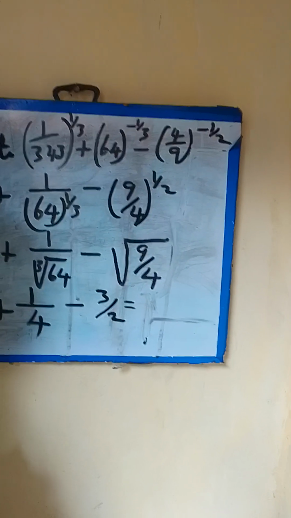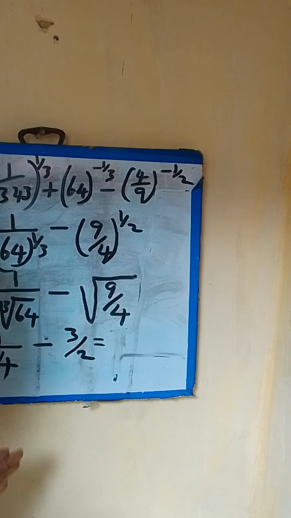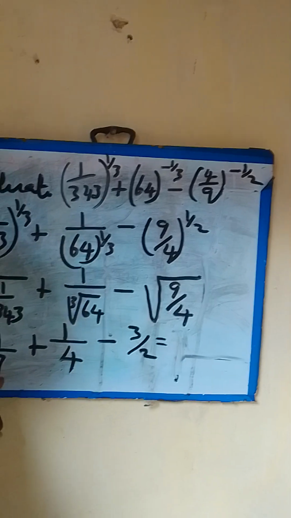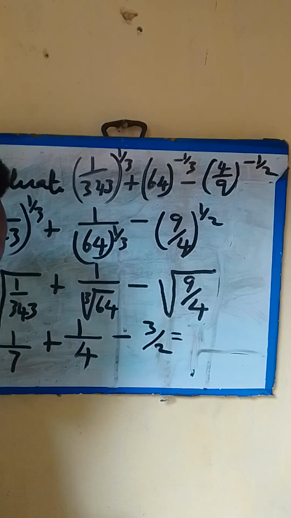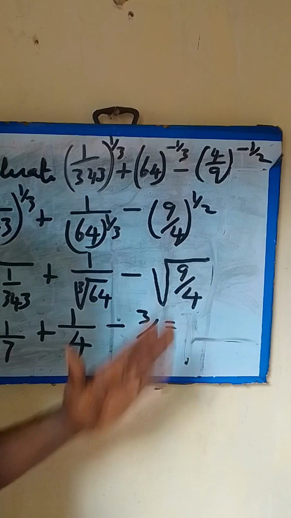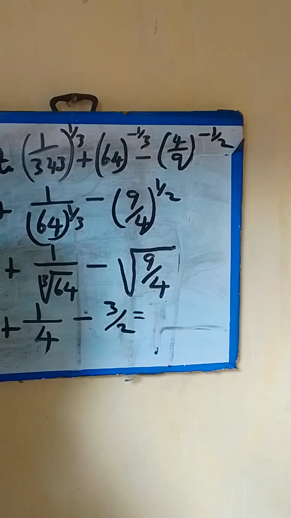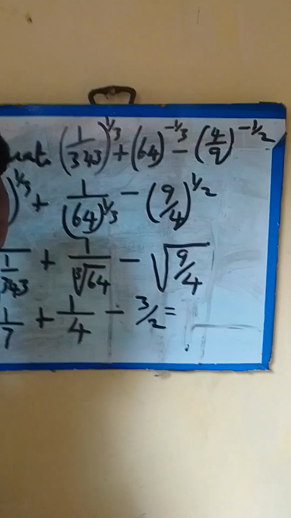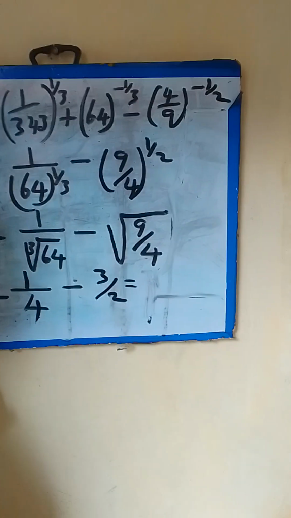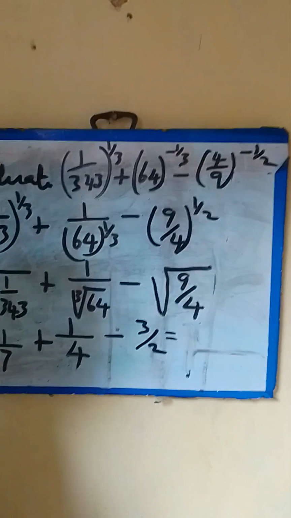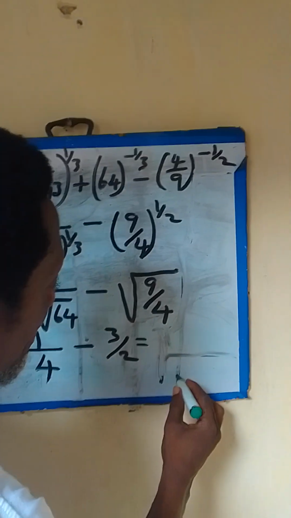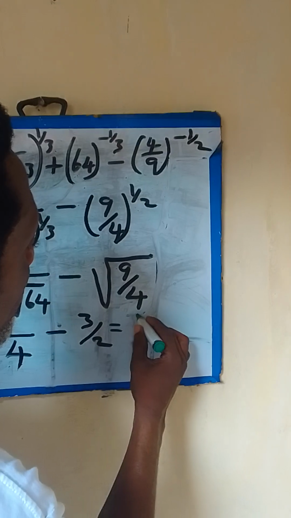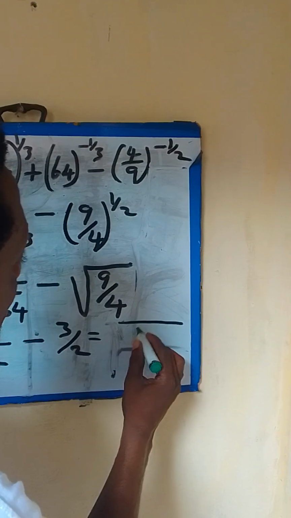You look for the lowest number that 7, 4, and 2 can go into without any remainder. The lowest number is 28. You see that? That is to say, the LCM of 7, 4, and 2 is 28.